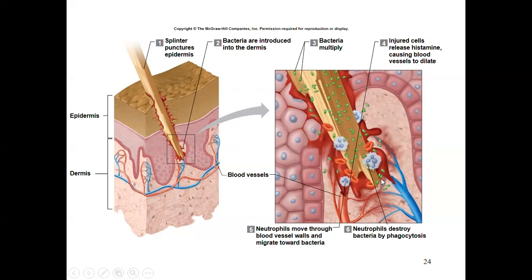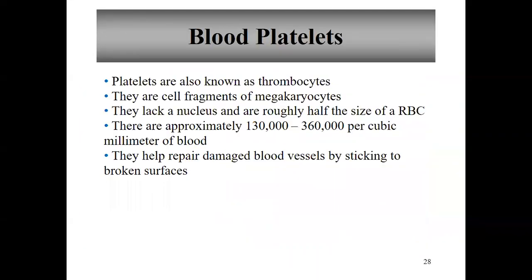So the platelets will go in and stick to the surface of the arteries, the veins, the arterioles, the venules, and the capillaries, to close off the bleeding so that the body can go in and heal the damage. All right, so like I said, they help repair damaged blood vessels by sticking to the broken surfaces.